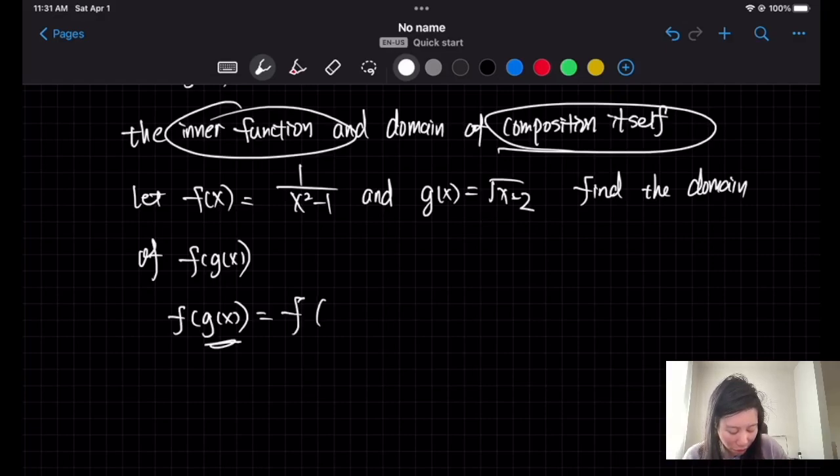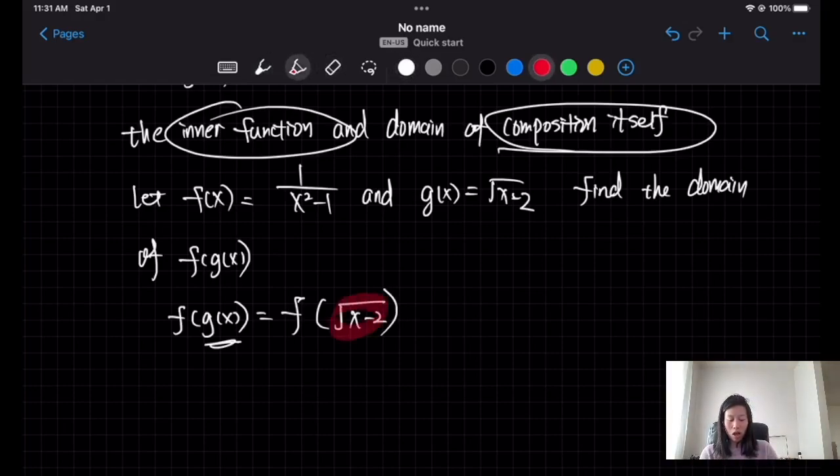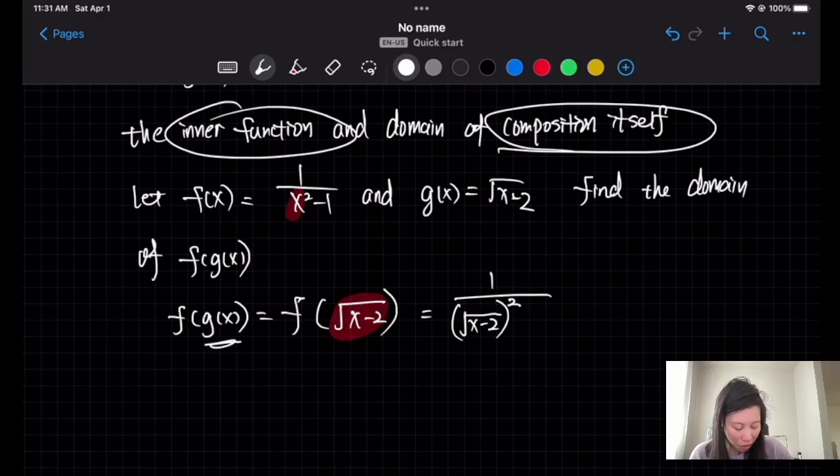So I have f, and then you want to substitute the square root of x minus 2 in for the x. So this equals 1 over the square root of x minus 2, squared, minus 1, because in our original function we want to square the x. Now x has become a function, so I need to square the whole function, in our case the square root function.